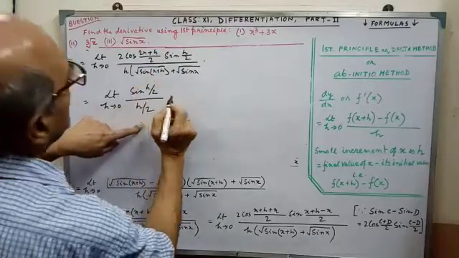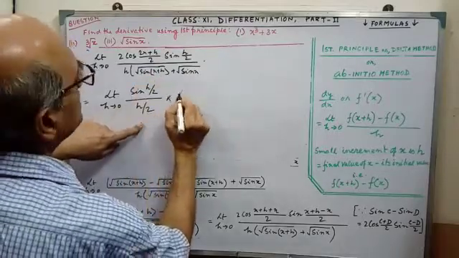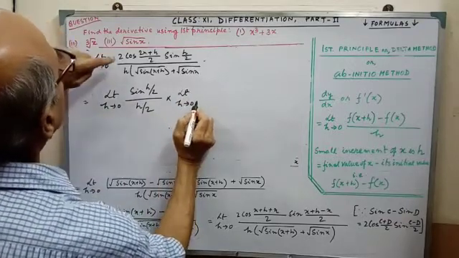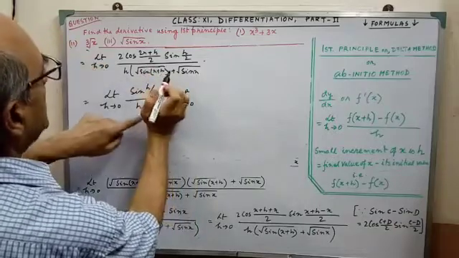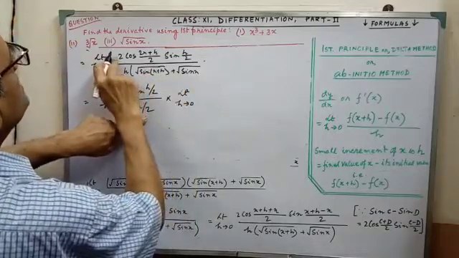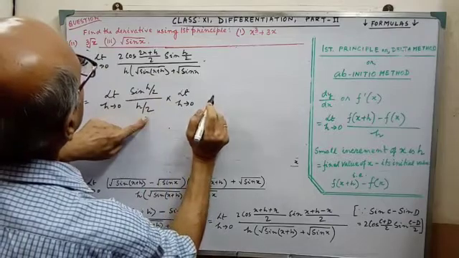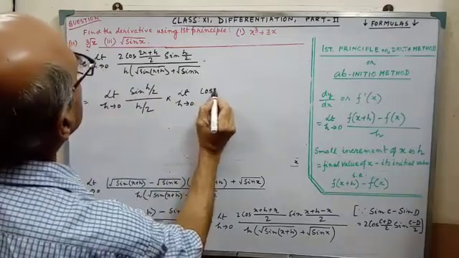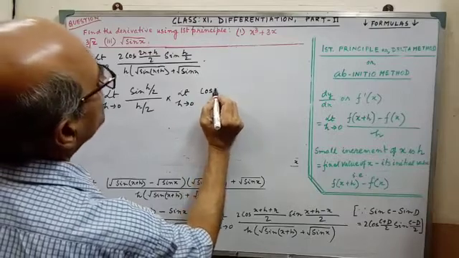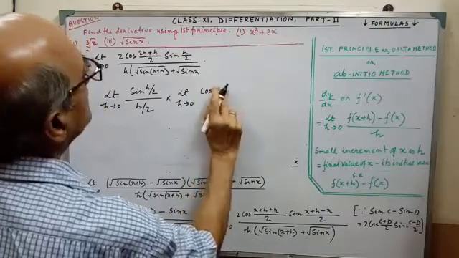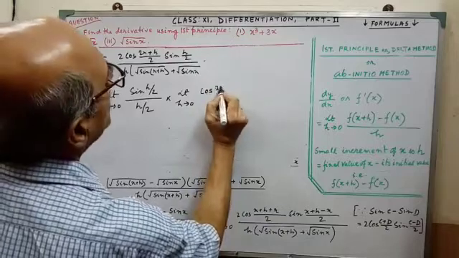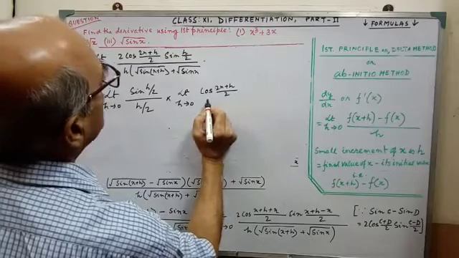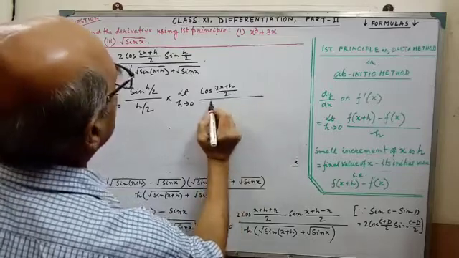And by basic operation, we are separating the limit, that is limit h tends to 0. Then we have taken 2. For adjustment, this 2 will be cancelled, and this is why it will be cos (2x plus h) by 2, divided by h.